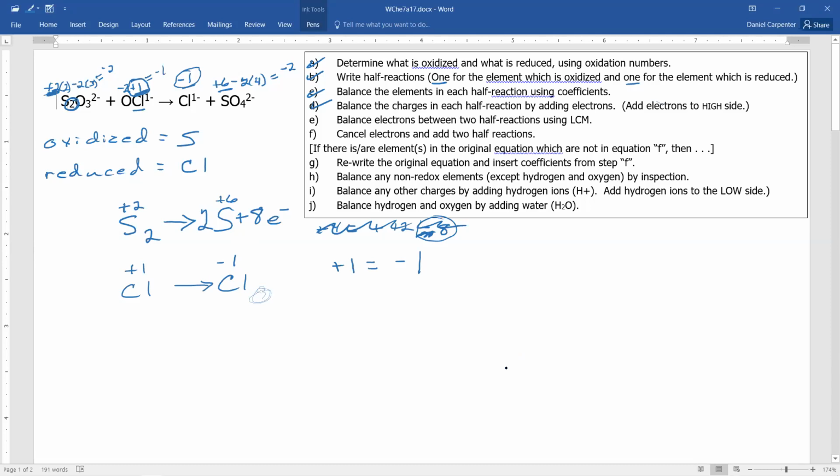Now, if you're awkward with your negative numbers, you might not notice that this should be minus 2. So minus 2 plus 1 is minus 1. And that means that this becomes plus 2 electrons. And we're done with this. Any questions?